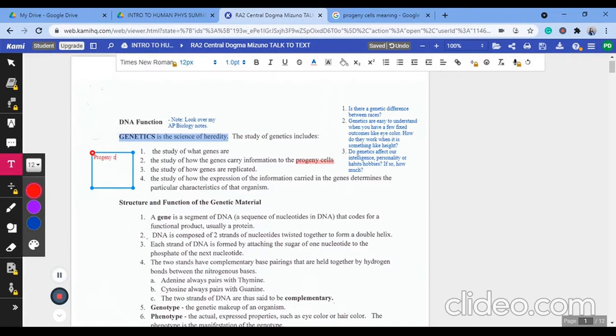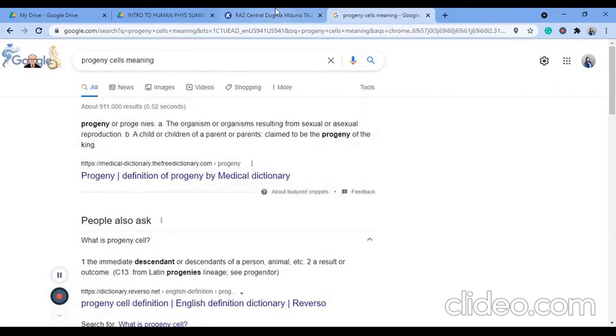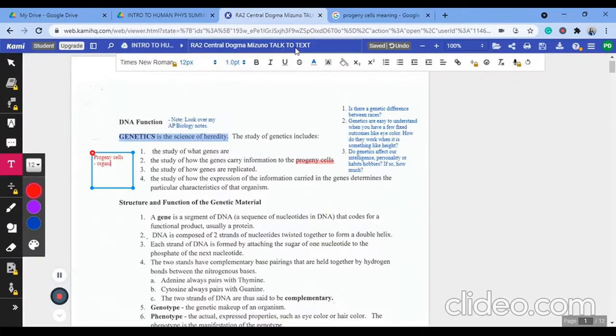So progeny cells are the organisms that result from sexual reproduction.